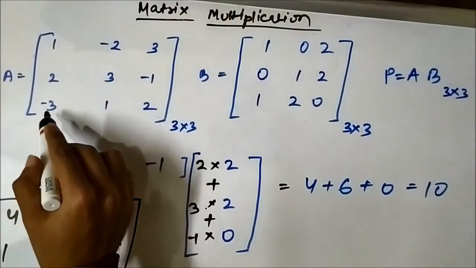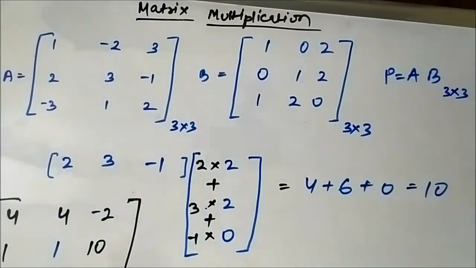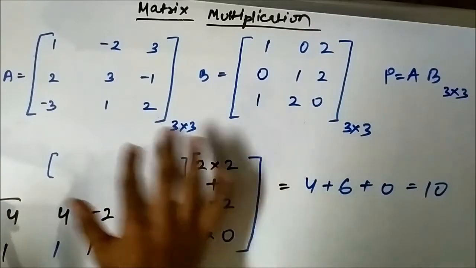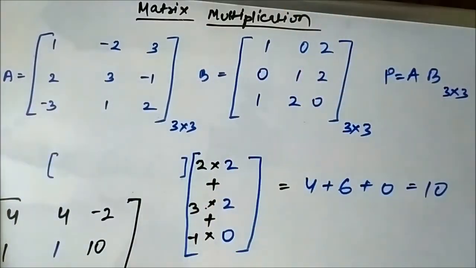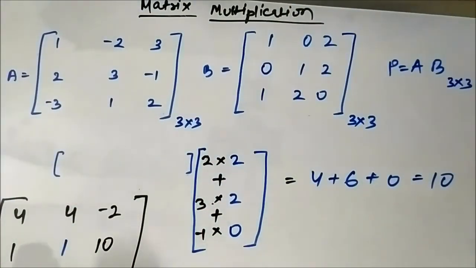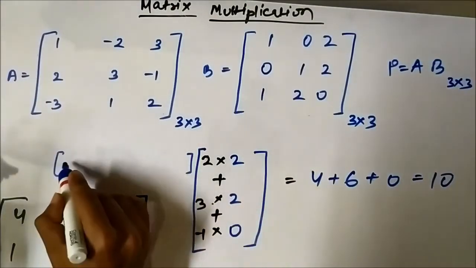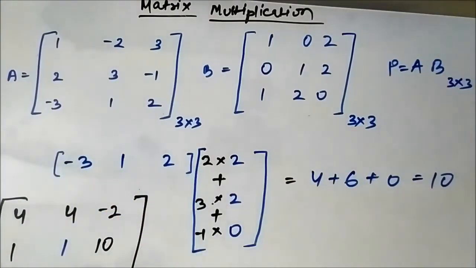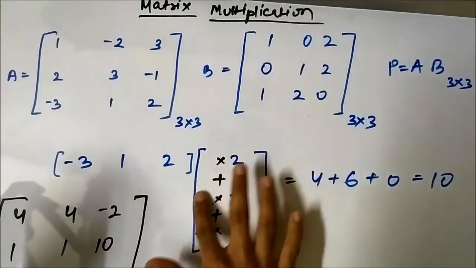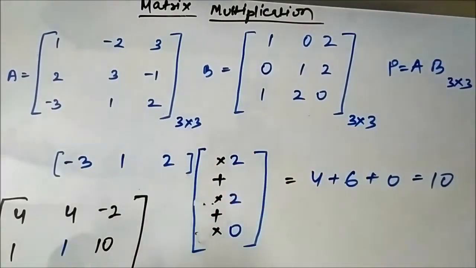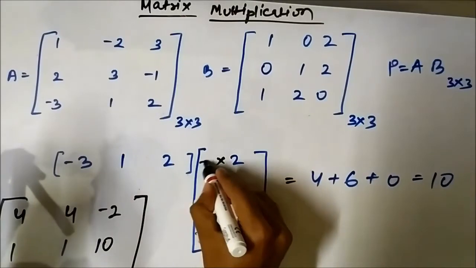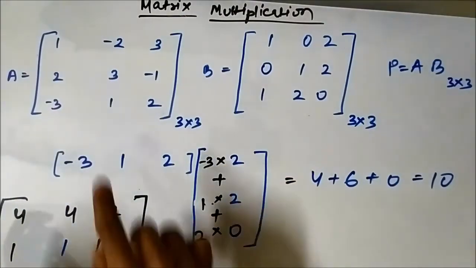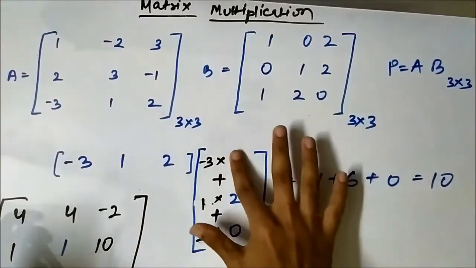Now it is the turn of the third row, which is minus 3, 1, 2. The same operation: it will be multiplied with each of the 3 individual columns. First it will be multiplied with 1, 0, 1, the first column.